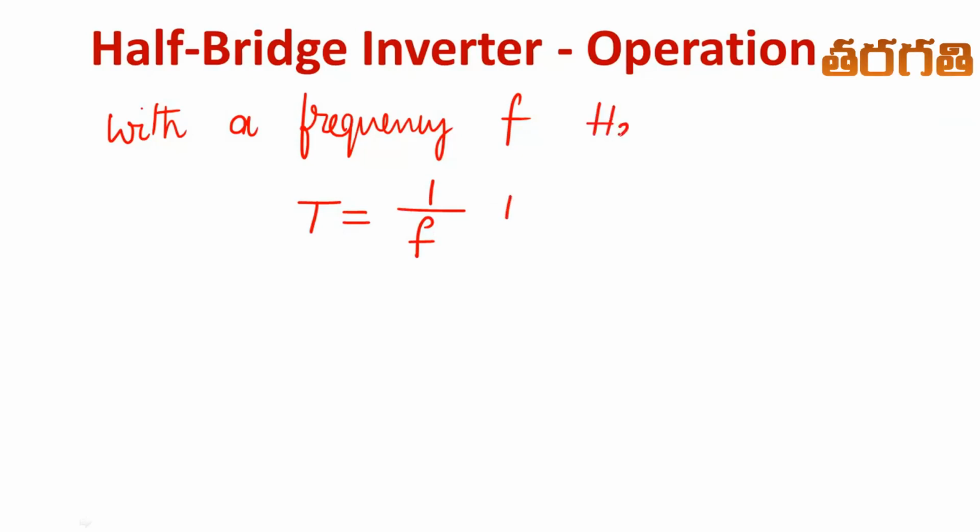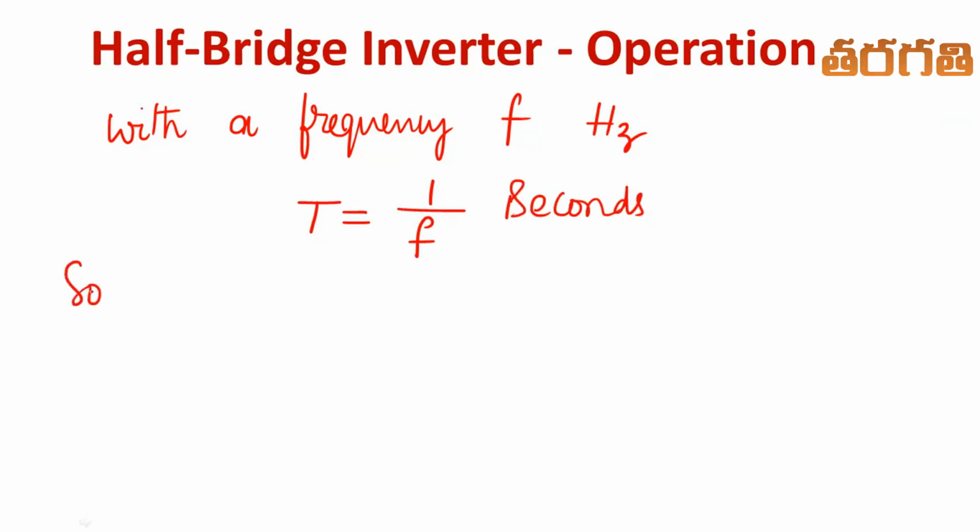Frequency is measured in hertz. So the frequency of circuit operation is f Hz, and the time period of the output voltage is equal to T. This T is the reciprocal of frequency, so it can be written as 1 by f, and this value is in seconds.